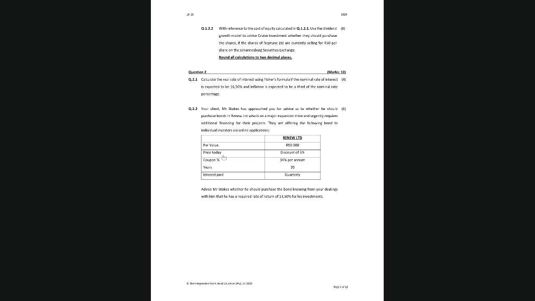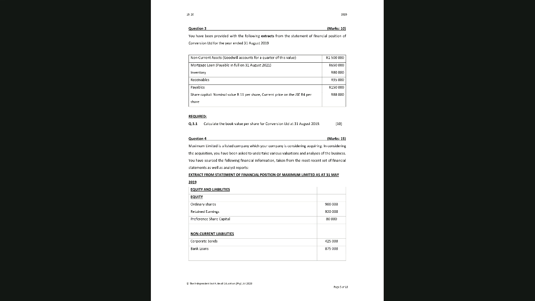Yes, or the present value, exactly. That's correct. Yes, exactly. Future value is the par value, because remember that par value doesn't change. It will remain 50,000. So at the end of the 20 years, you will get back exactly 50,000 Rand when you return the bond and they give you your money back.